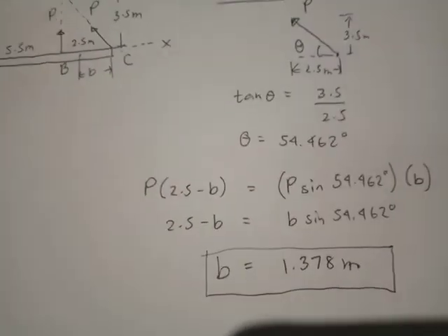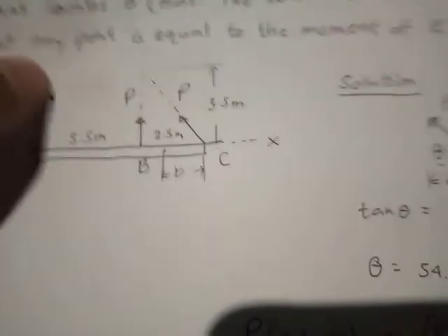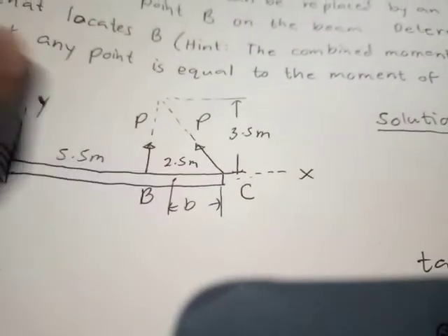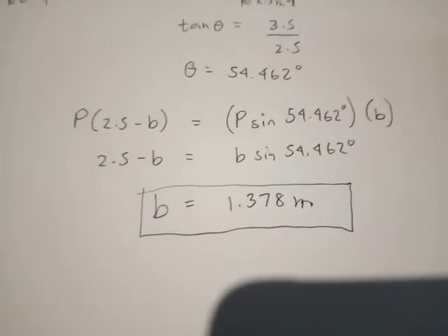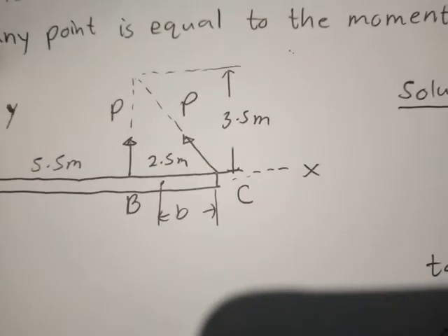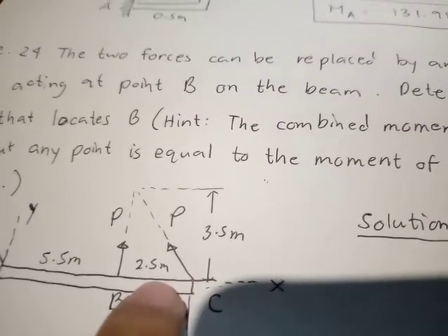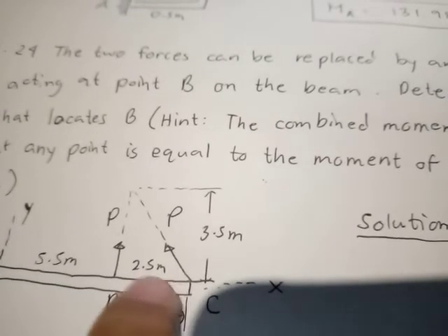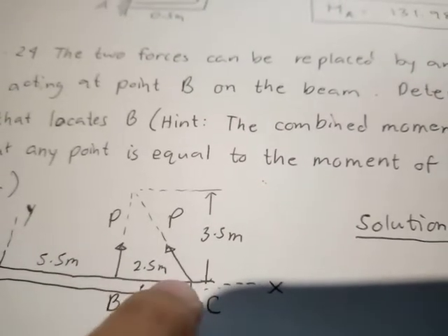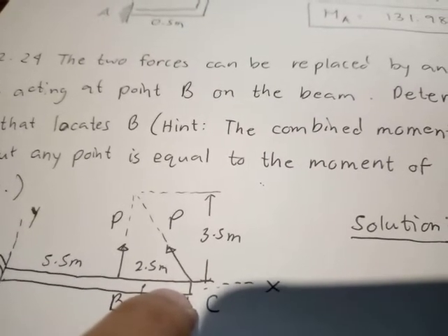So looking at the left, P times 2.5 minus b, this is the distance 2.5 minus b, its moment arm, is equal to P sine 54.462 times b. Why P sine? Since we are talking about the vertical component of P. The horizontal component of P has no moment arm, or the moment arm is 0, because it's parallel to the body.